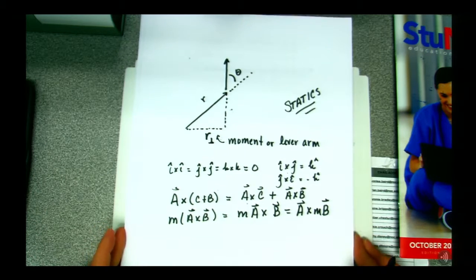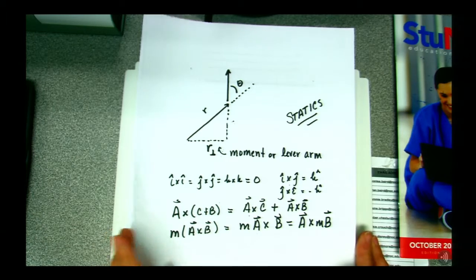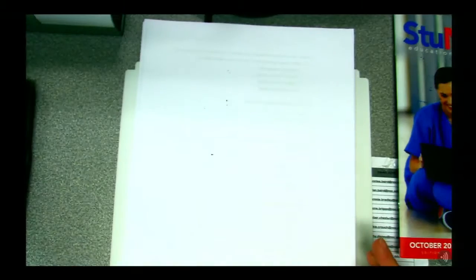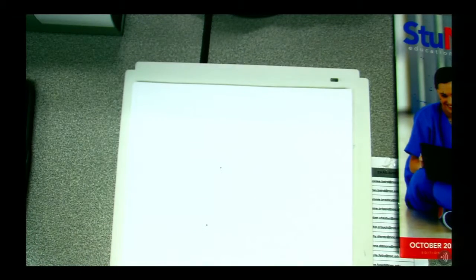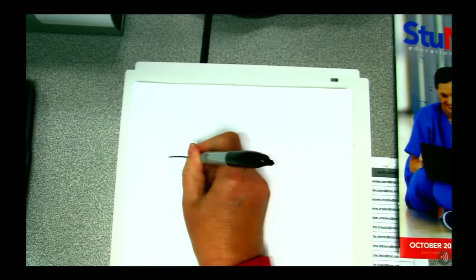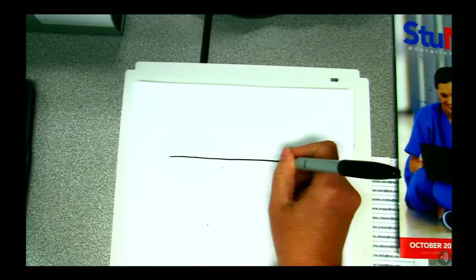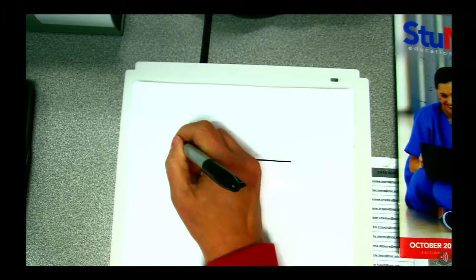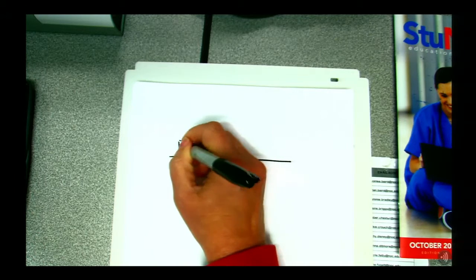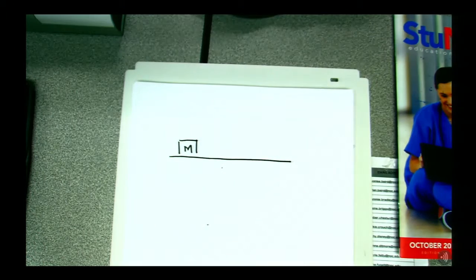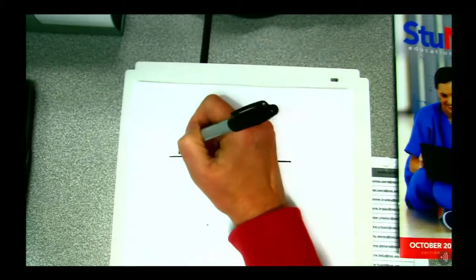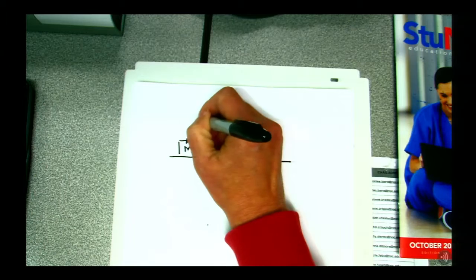So let's go back to look at a couple of things here. Let's take the teeter-totter. I'm going to have a mass on this end, and I'm going to say that mass is 20 kilograms.